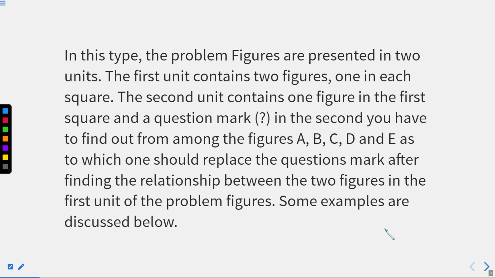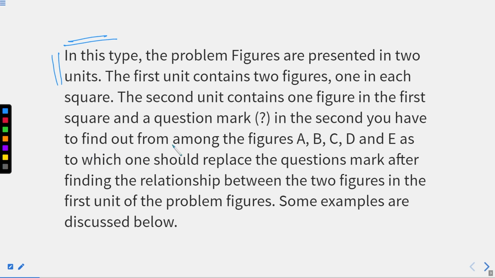Here are some instructions for you. First, read the instructions carefully, right? The instruction says that in this type of problem figures are presented in two units. The first unit contains two figures, one in each square. The second unit contains one figure in the first square and a question mark, right?